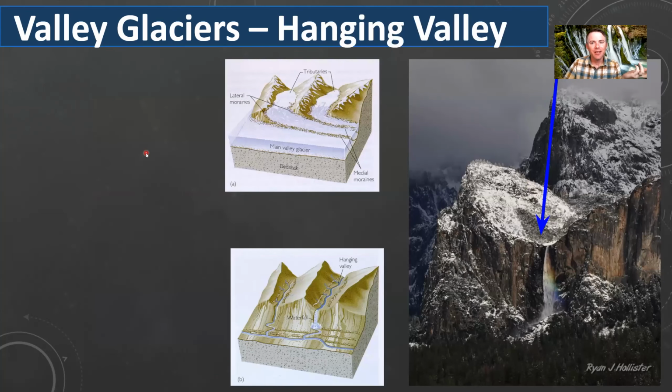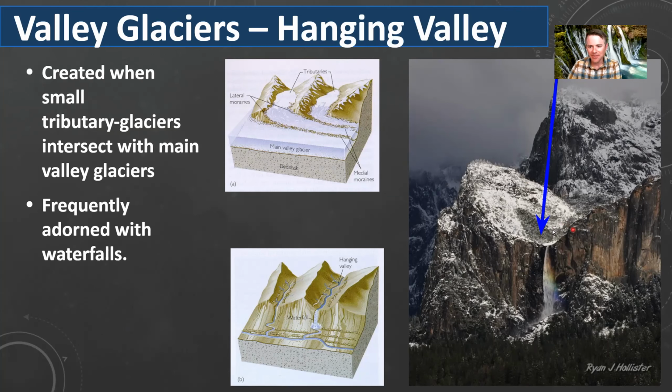All right. So the last couple ones here are called hanging valleys. And so these hanging valleys are pretty cool. If you go to Bridal Veil Falls in Yosemite, this is what Bridal Veil Falls is. And it's created when you had small glaciers intersecting with a big glacier. So the small glaciers couldn't really cut down as deep because they kept smashing into the big glacier as it was going downstream.